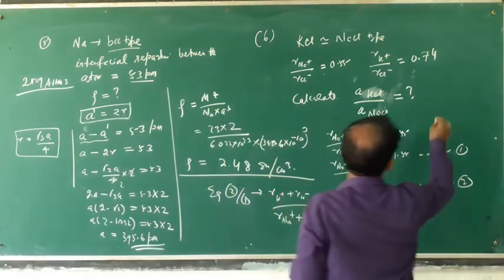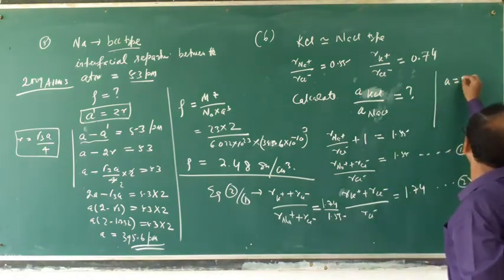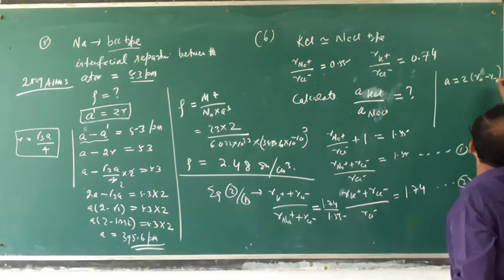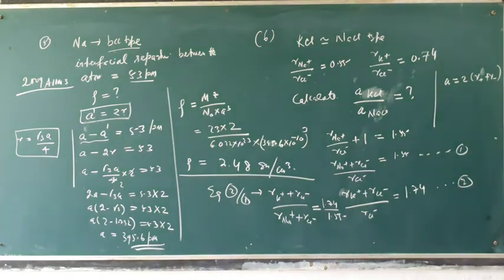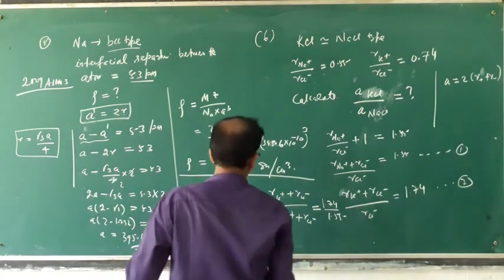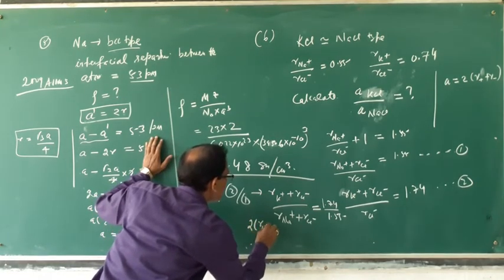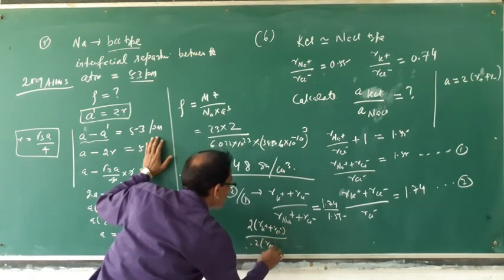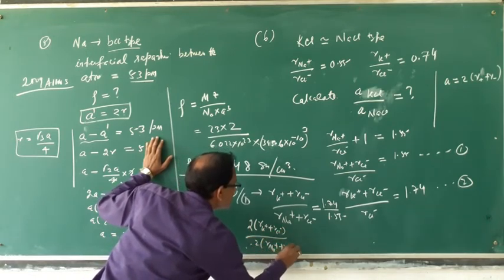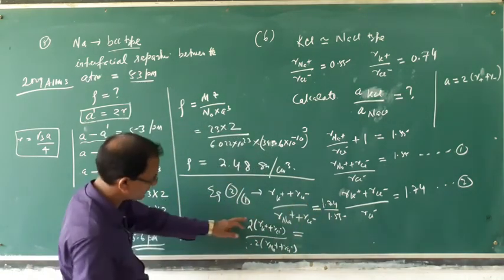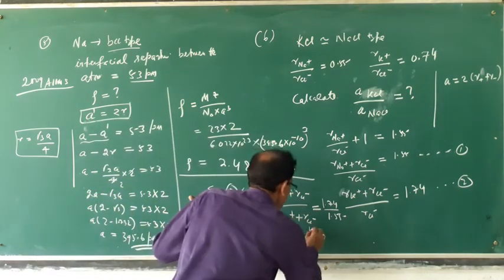Always remember, edge length A is equal to 2 times of R plus plus R minus. Always. So you multiply 2 here. 2 into R K plus plus R Cl minus by 2 into R Na plus plus R Cl minus is equal to the same. 2 is multiplied, 2 is divided. Result is same.